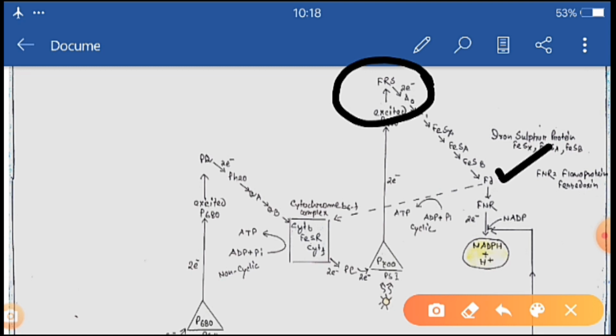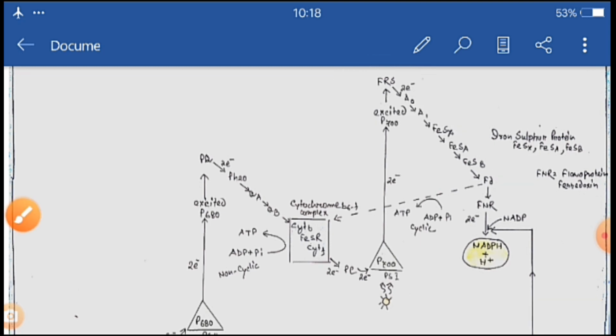Okay, these are FeS X, A and B. Okay, that is, the FD is now in such a condition that it is having electrons.